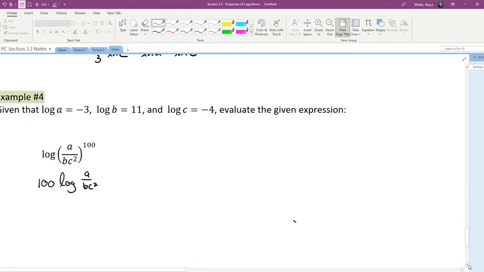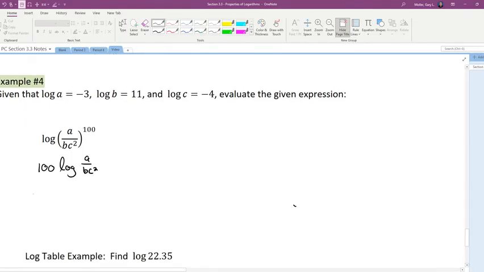And then when I expand this, I get 100, and now I'm going to just put everything in parentheses as I break this one up.